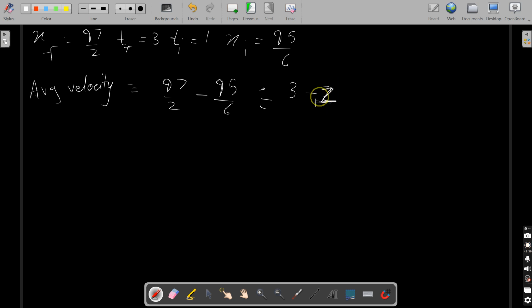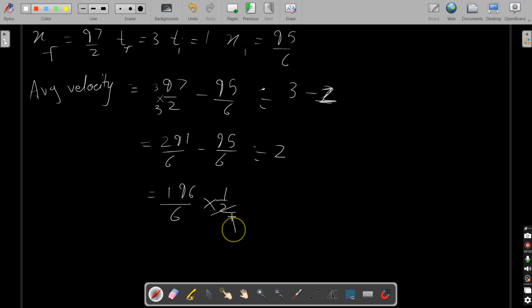Multiply 97 upon 2 by 3 upon 3, so 291 upon 6 minus 95 upon 6, divided by 2. 291 minus 95 becomes 196 divided by 6, and dividing by 2 becomes multiplying by its reciprocal, 1 upon 2.